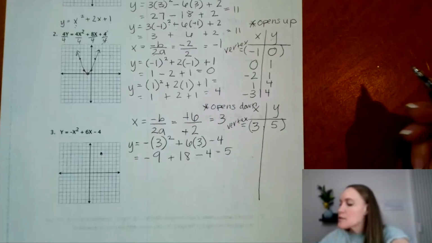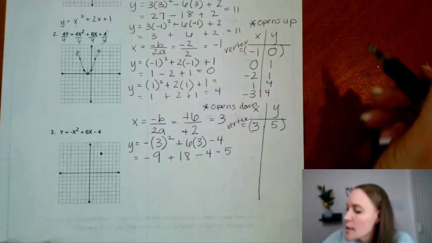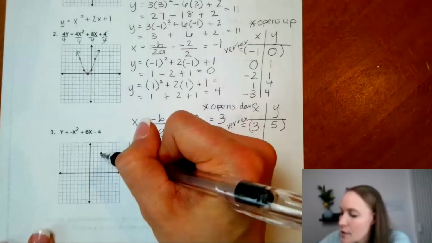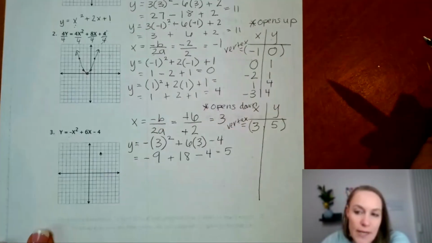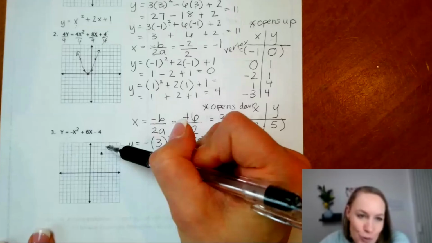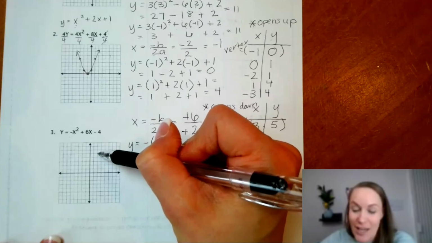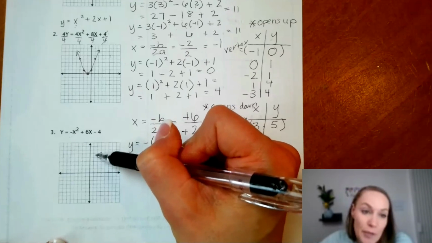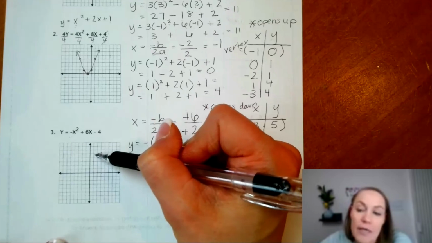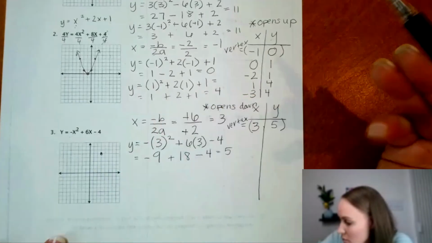All right. So now what I like to do is pick a point on either side of my vertex. I'm actually going to choose 2 because I'm squaring and multiplying, and these are going to be smaller numbers for me. So I'm going to pick positive 2.